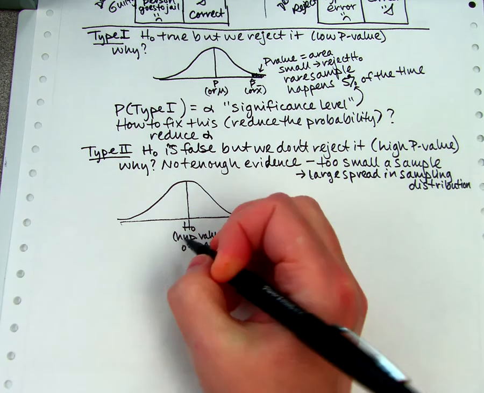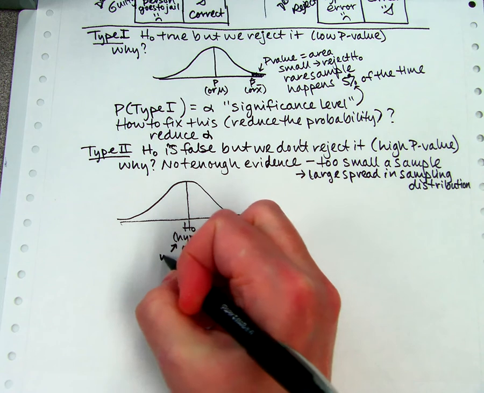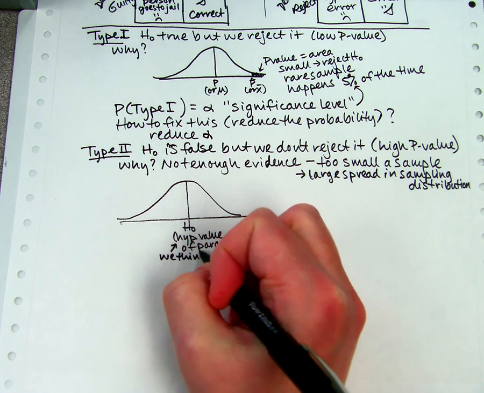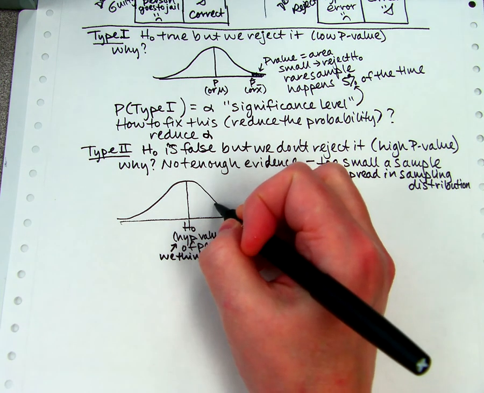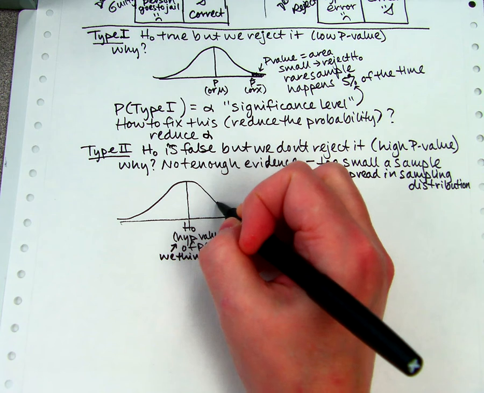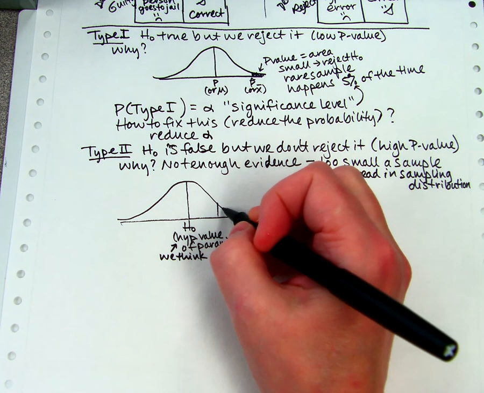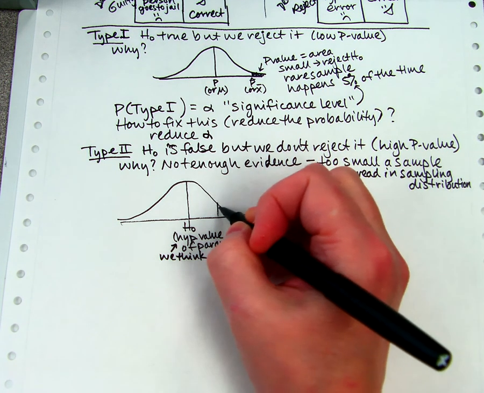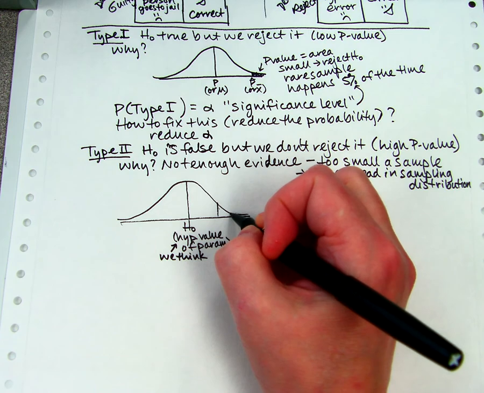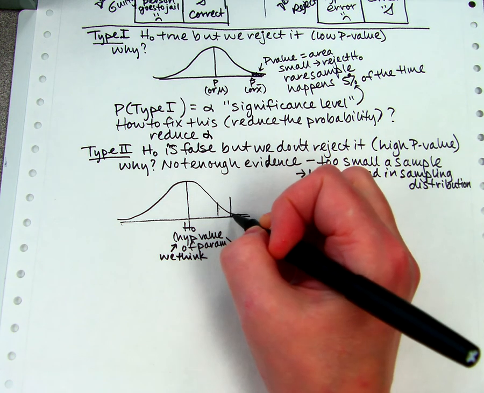We think this is true. So we do our calculations based on that, and let's say we get a sample value that's over here somewhere, and it's not enough evidence to reject, so this is more than 5%, but maybe that sample value is over there because the real parameter is here instead of here.